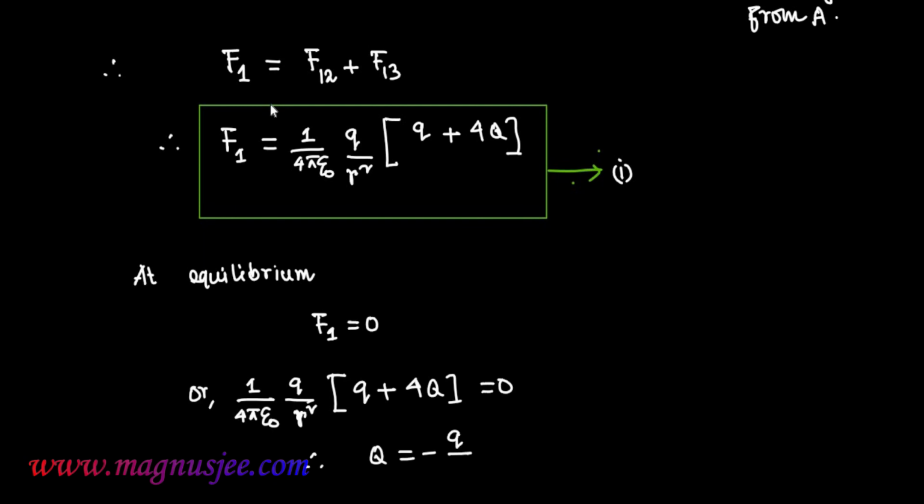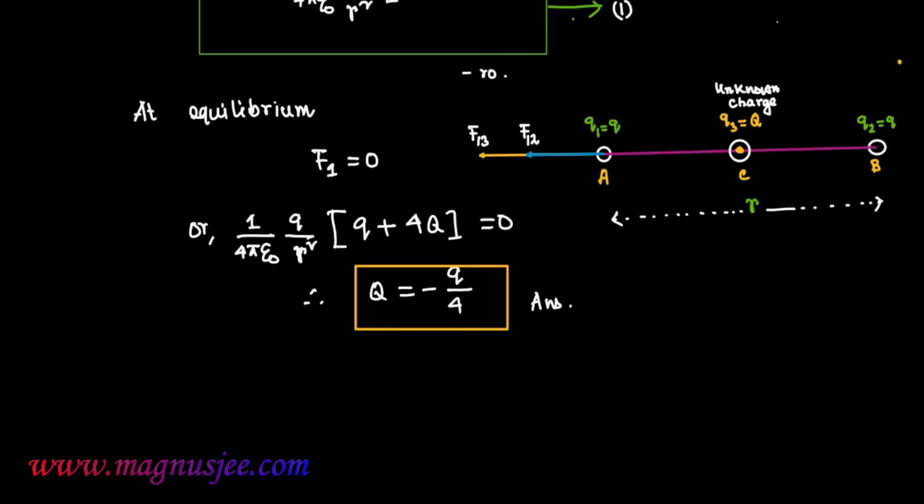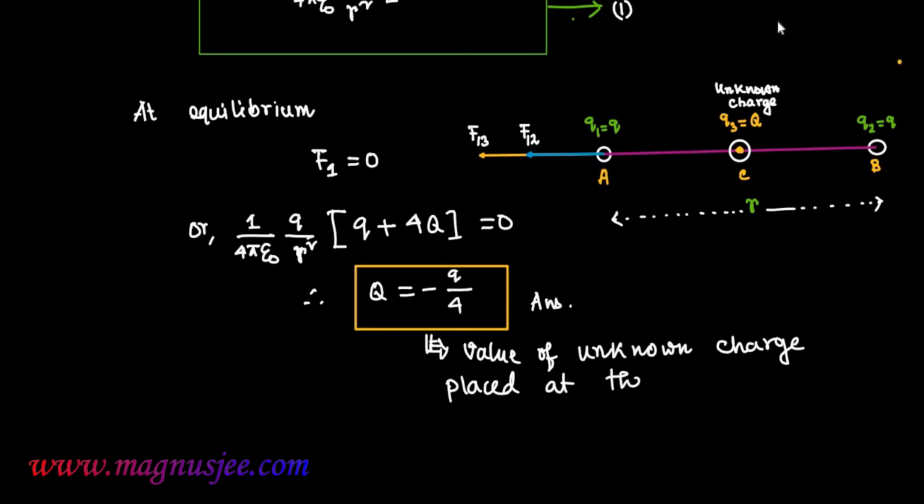Therefore, capital Q is equal to minus small q by 4, which is the expression or value of the unknown charge placed at the midpoint of two equal and like charges at equilibrium.